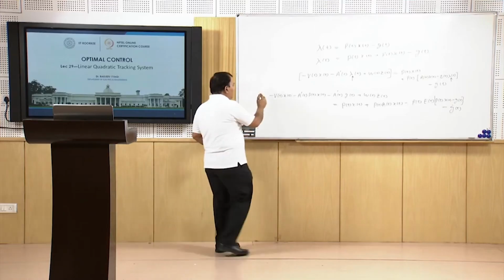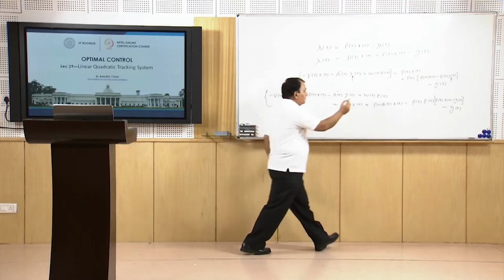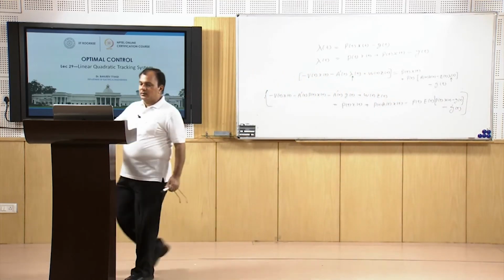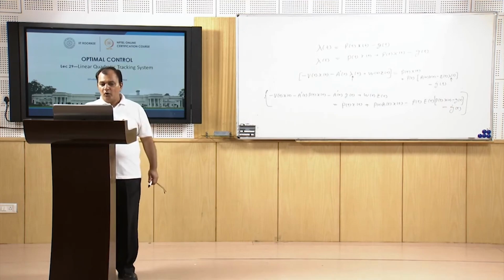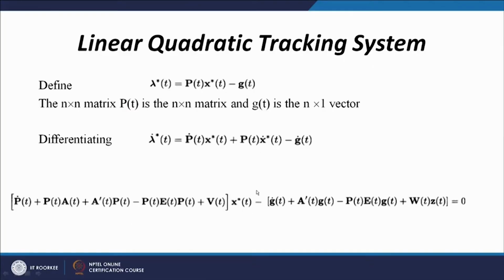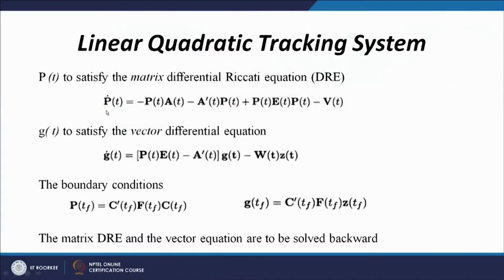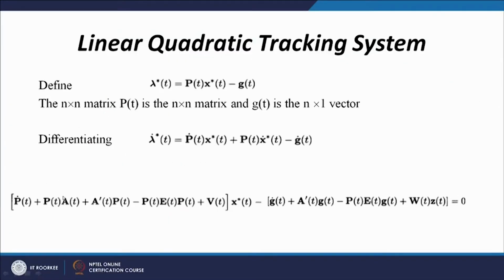By arranging this whole equation, we get the overall equation as one with the coefficient of x t and the other g t terms: minus a prime t g t minus p t e t z t plus w t z t equal to 0. So, p t has to satisfy the matrix differential Riccati equation. If this overall equation is equal to 0, x t is arbitrary, so it can have any value.